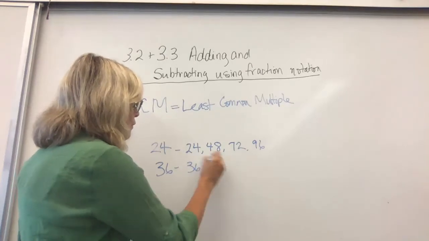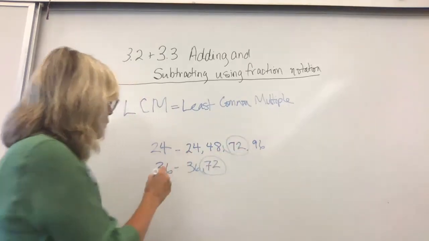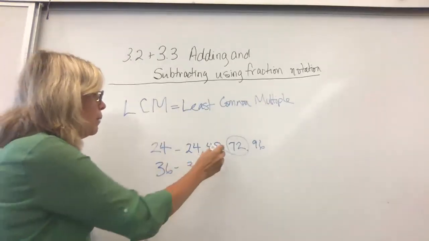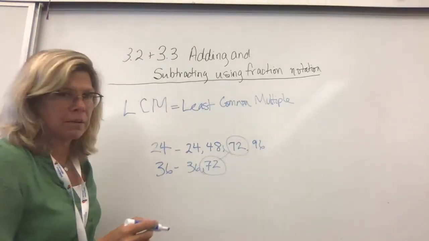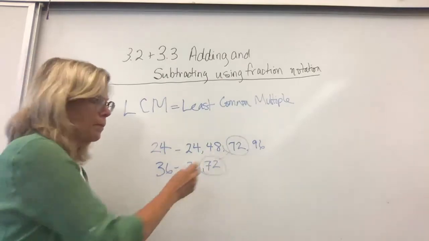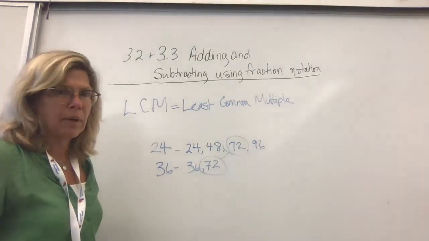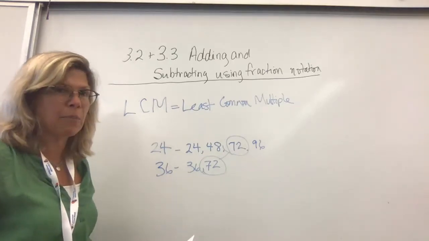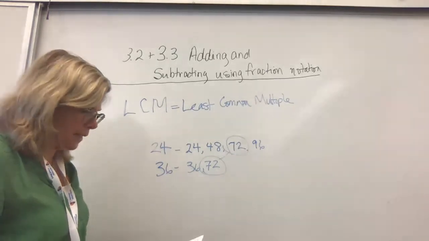Go figure. So if the numbers were easy enough, you can sort of brute force your way into the right least common denominator. But really, finding the least common multiple is the more efficient way, and it's consistent.